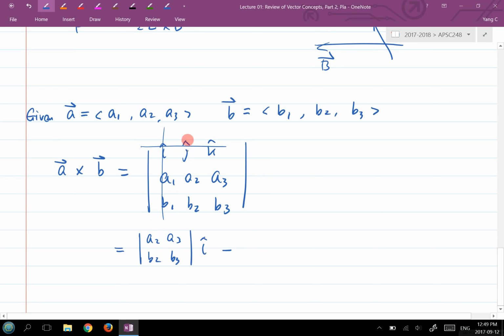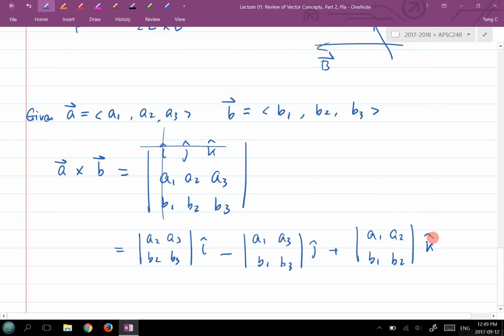Technically speaking, it's a plus or minus 1 to the power of the location of these elements, which is first row, second column, so 1 plus 2, that kind of thing. So I will just use a minus here. And then here is A1, A3, B1, B3, and then J hat. The last one is a plus: A1, A2, B1, B2, K hat. So that's your formula.